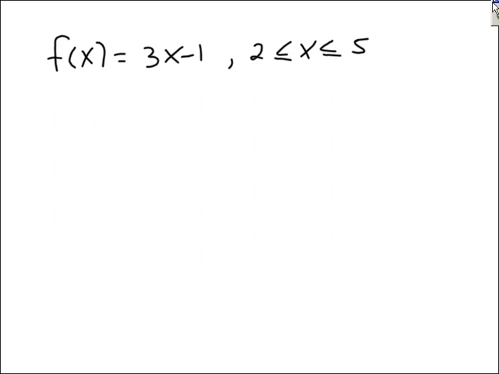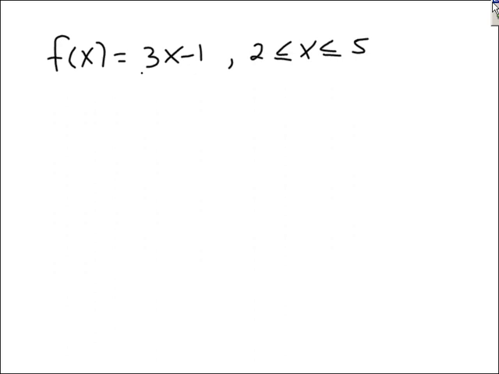The last thing I want to do is talk about ranges over a given interval. Suppose I tell you that f of x is some line, 3x minus 1, but x can only go in between 2 and 5.